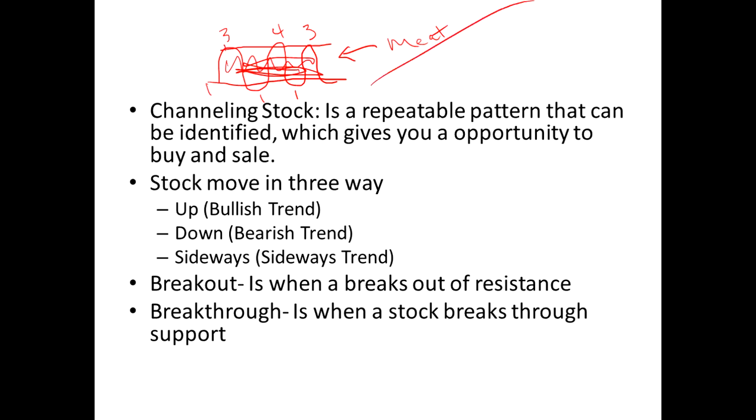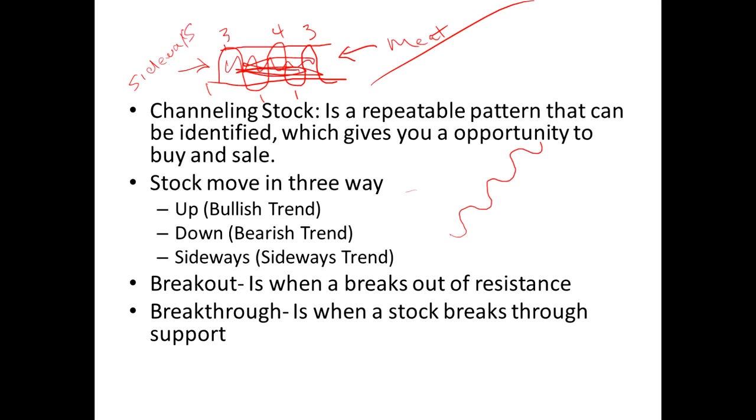All right, so the stock moves in 3 ways. As you know, it moves up, down, or sideways. Up is also known as a bullish trend. What I mean by that is when the stock is actually moving up, trending up. This right here I showed you was sideways.